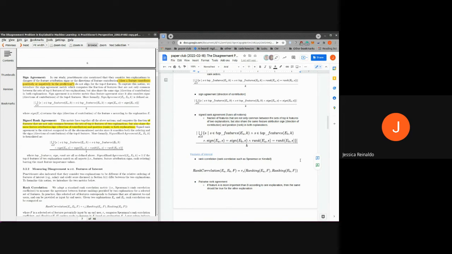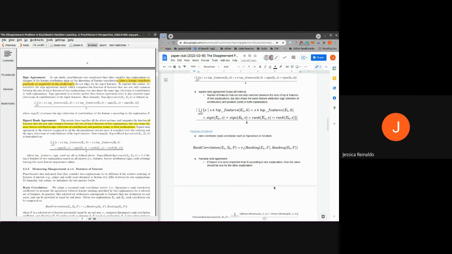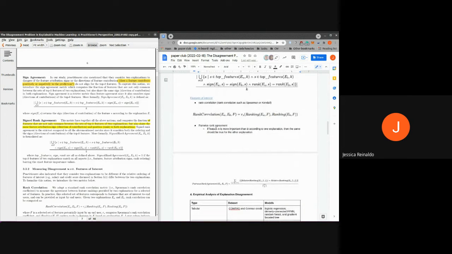It's basically going to analyze the correlation between the rankings of the features of set F for both explanations. And the pairwise rank agreement is basically what I already told you: it's important to have consistency on one feature being more important than the other for both explanations.